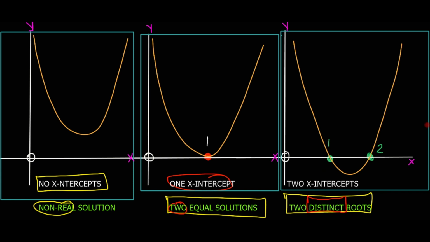The reason we are saying unequal is because you can see that these x-intercepts are not the same. So we are saying we have two distinct roots. This information is very important. You will need to write it down, and the next questions will be based on these graphs. So make sure you write it down.